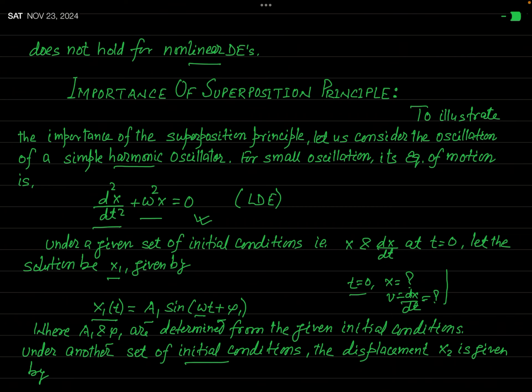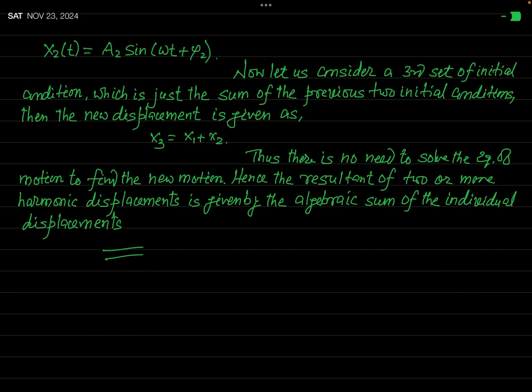In that condition, omega will remain the same, but a1 and phi 1 will change, because amplitude and phase constant depend on the initial condition. So for another set of initial conditions, let us consider that the solution is x2 of t, given as a2 times sine of omega t plus phi 2. Again, a2 and phi 2 can be determined from the new set of initial conditions.